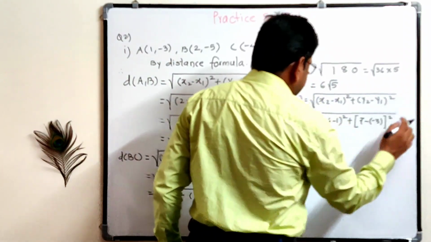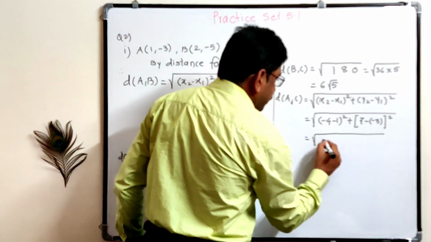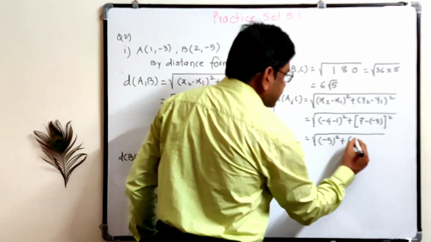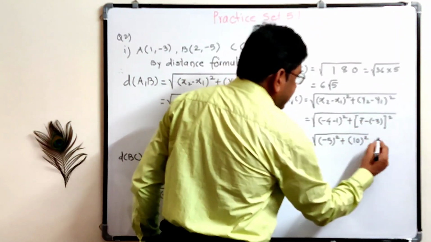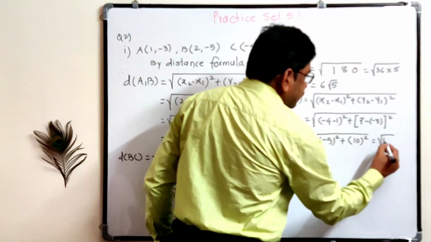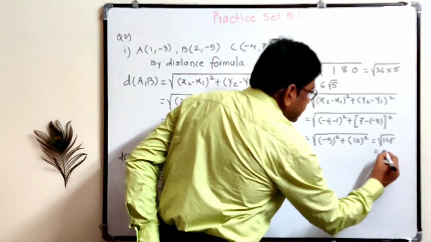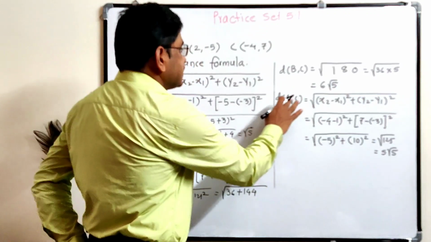So here we get (minus 5) square plus this becomes 10 because 7 plus 3. So we get root of 25 plus 100 means 125. So simplify. This is 5 root 5. So distance AC is this one.